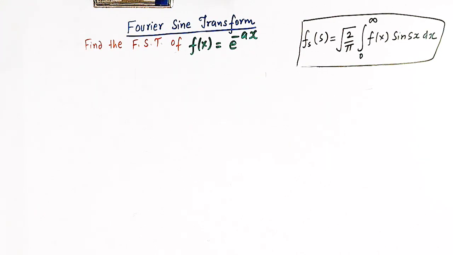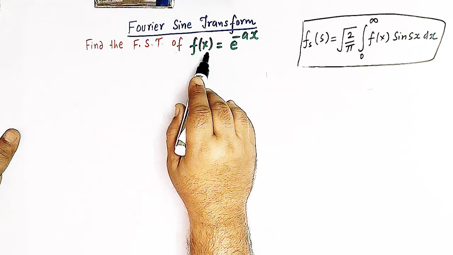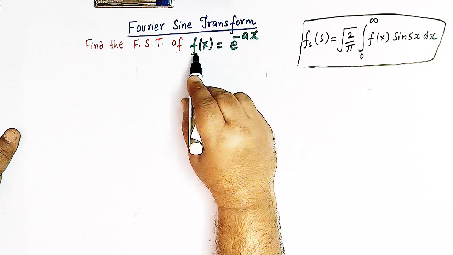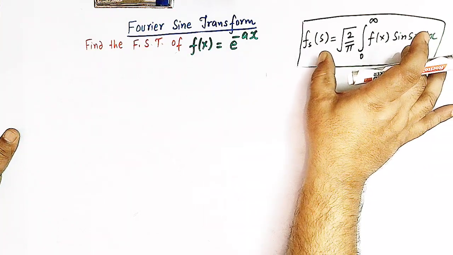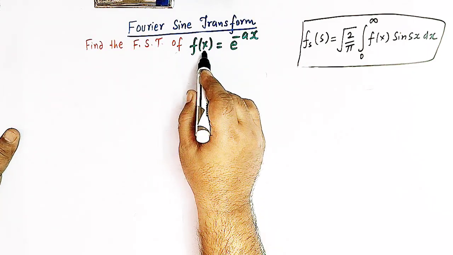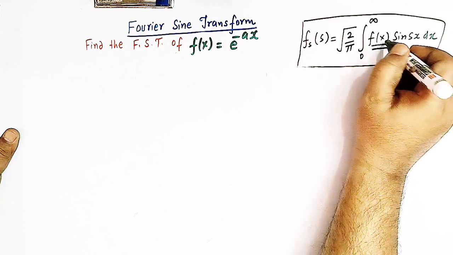So now let us consider one more important problem from Fourier sine transform of functions. So here we have to find out the Fourier sine transform of f of x, which is equal to e raised to minus ax, right? So what we will do, we will make use of this definition and will substitute f of x as e raised to minus ax over here, right?